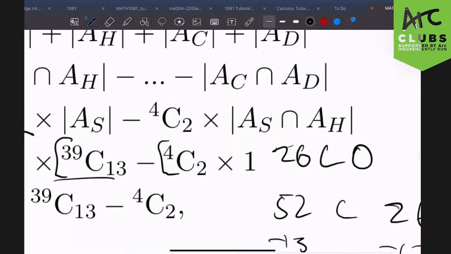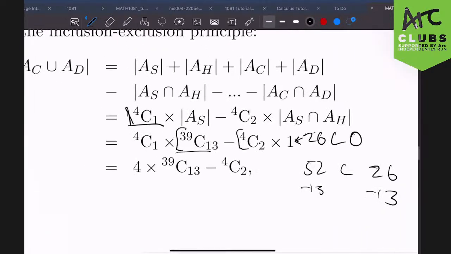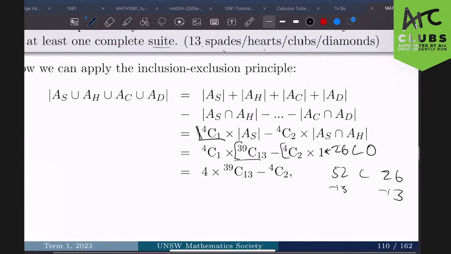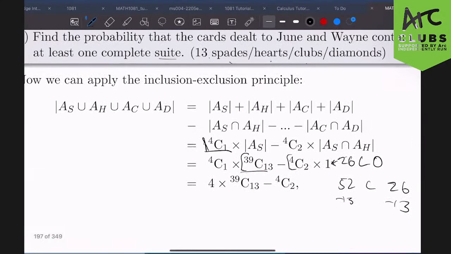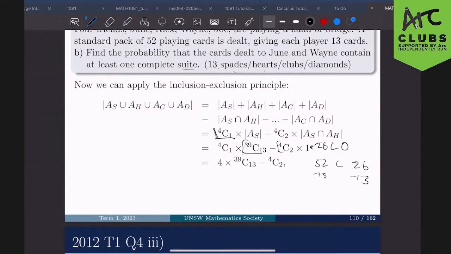Yep. So that's why that's 1 there, because there's only one case in which this occurs, because there are no remaining cards to select from. So that's why that's 1.